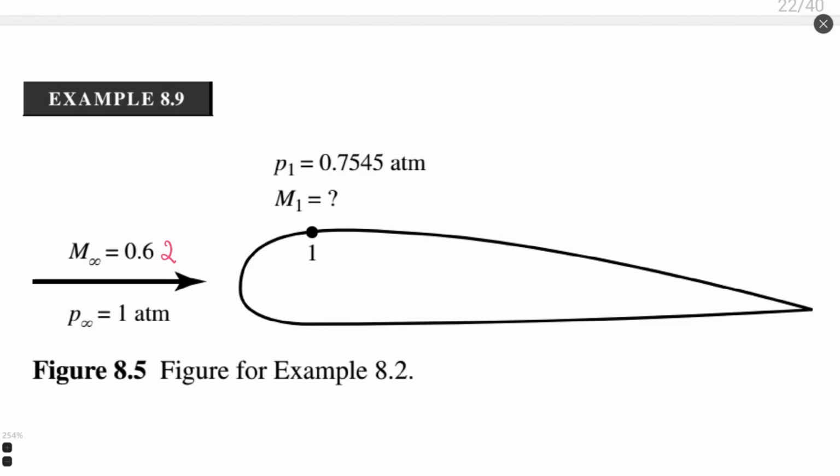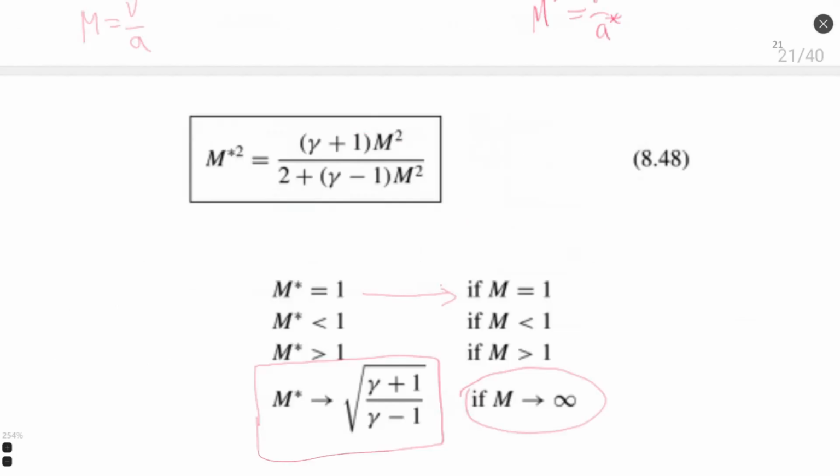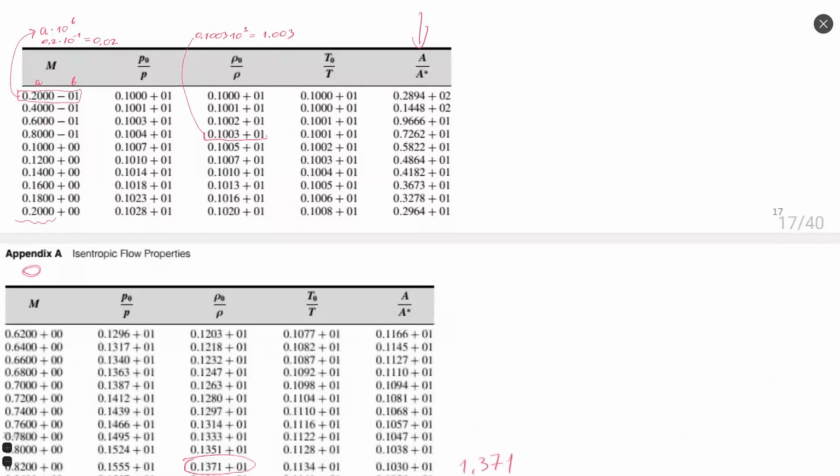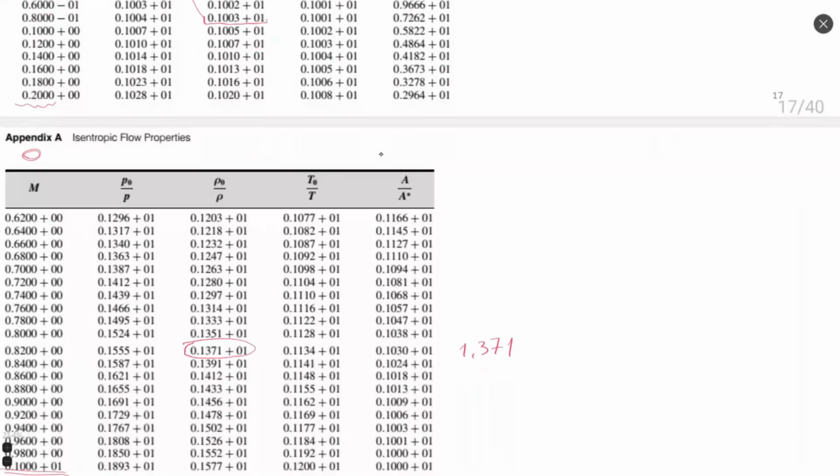So step one, I will perform here. I will go back to see my table, that one from Appendix. For Mach 0.62, we see pressure ratio is 1.3 approximately.